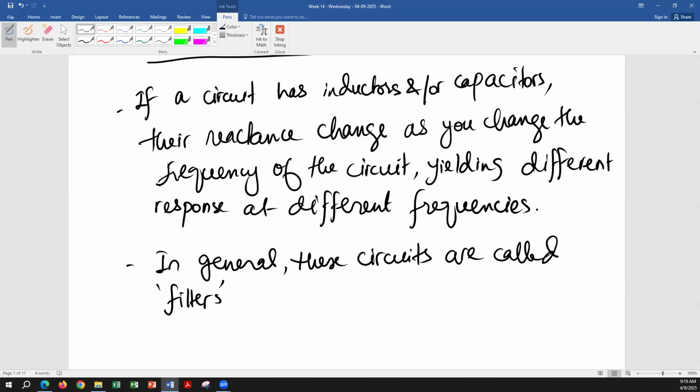Take your amplifier, if you're using an operational amplifier and creating an active filter or creating an amplifier, the intention of that amplifier is not to act as a filter, but it is going to act as a filter at different frequencies. That is, in a range of frequencies, it is going to amplify the signal as you want it to. Let's say you set the gain of the amplifier to be 10.